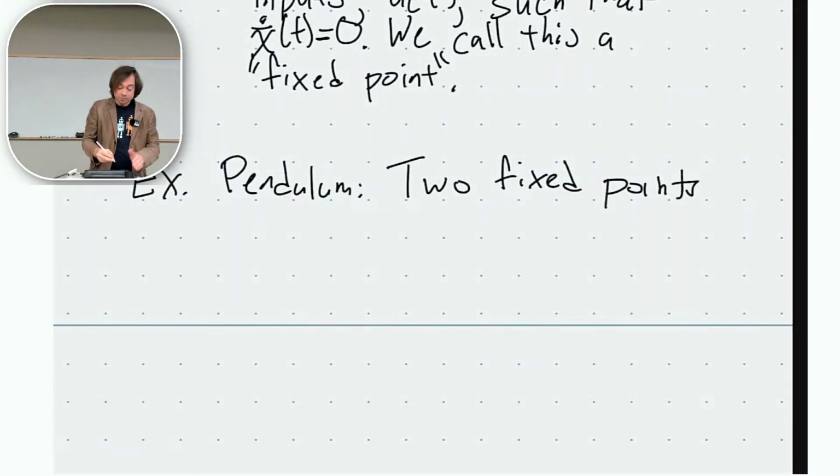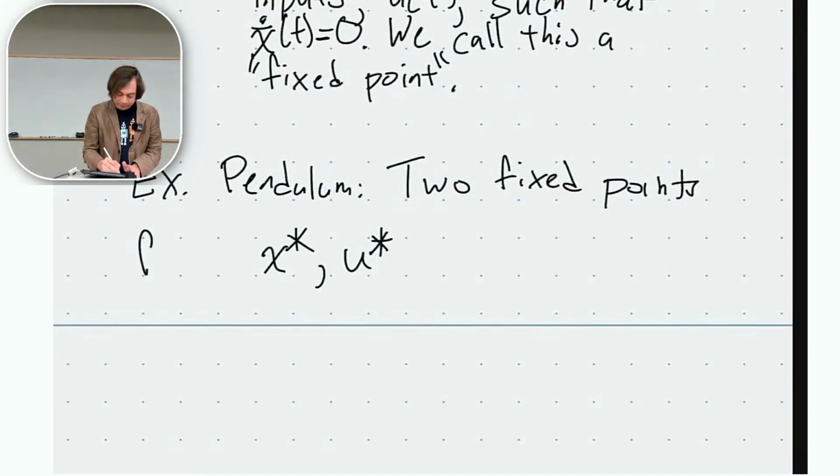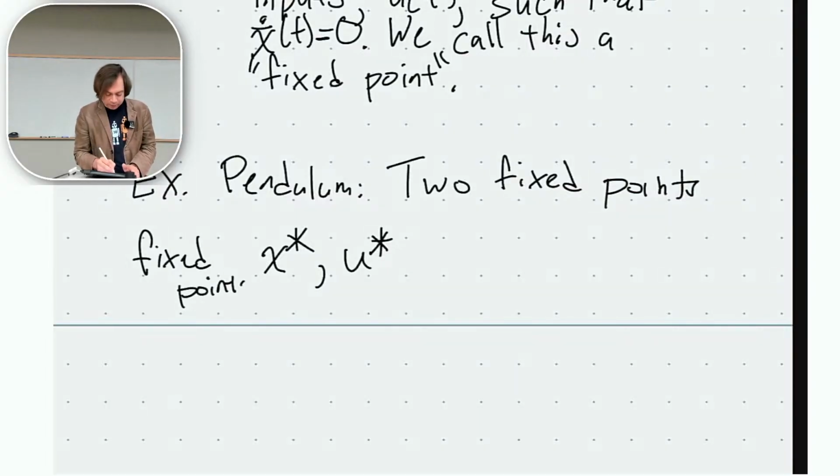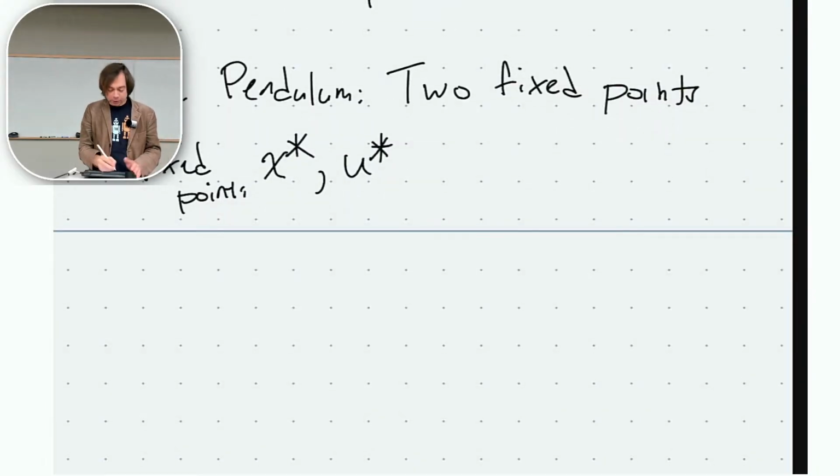What you want to do is pick a state where the derivatives are 0. We call that x star, and our control inputs, which will be u star. This is our fixed point. We intuitively know down is a fixed point, assuming that it's not being pushed. Let's recall our pendulum dynamics in state space form.